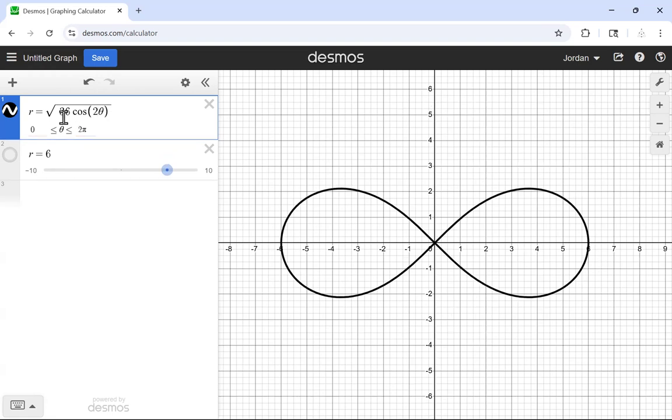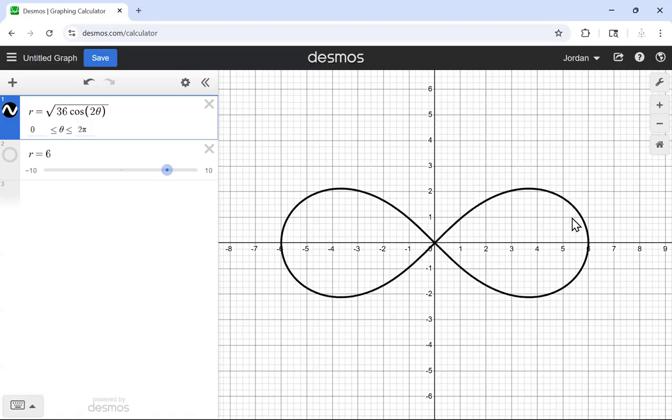Now, I chose 36 because we can see that it goes out to +6 and -6 if I have a 36 inside of there. Sometimes when people graph this, they'll write the 36 on the outside, but it doesn't really have any effect.